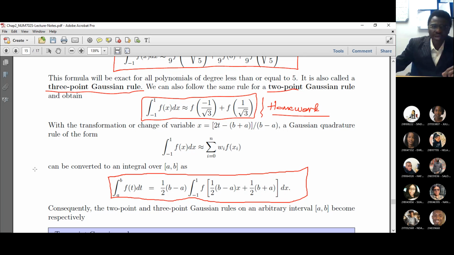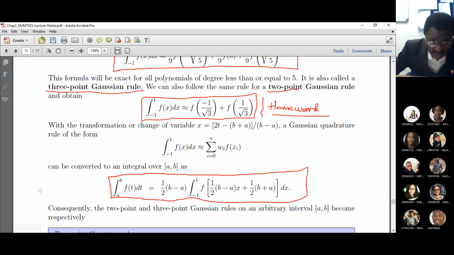But we also saw that we can convert, because numerical integration is not reduced to an interval from -1 to 1. We have an arbitrary interval [a, b]. Now, how do we integrate from a to b, knowing that we have a formula from -1 to 1?